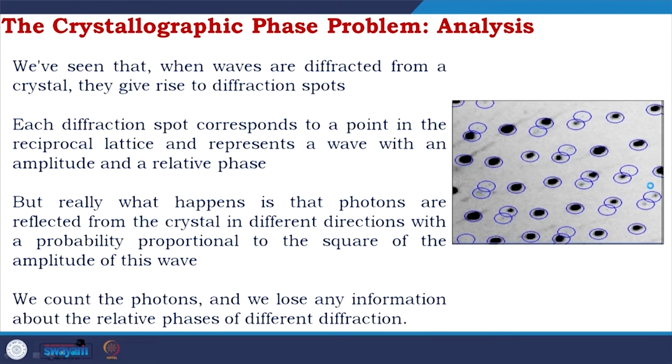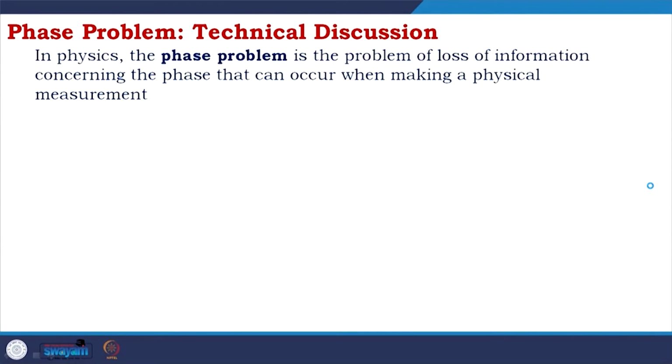We count the photons, but we lose any information about the relative phases of different diffractions. In physics, the phase problem is the problem of loss of information concerning the phase that can occur when making a physical measurement.